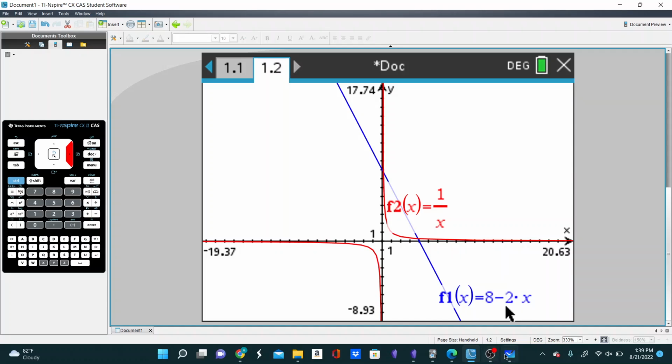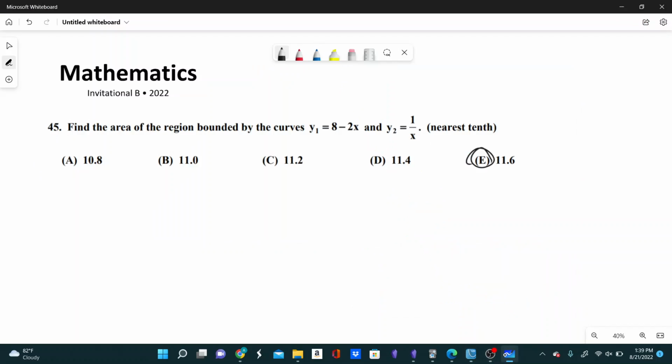So I'm going to actually draw this out. And this is going to be pretty rough, but I bet I can do a decent job. So 8 minus 2x will look something like this. So that will be at x equals 4. And then 1 over x looks something like that. That's not too bad.